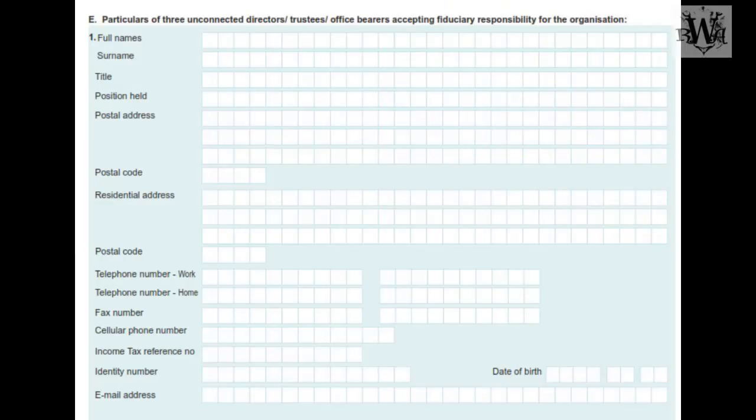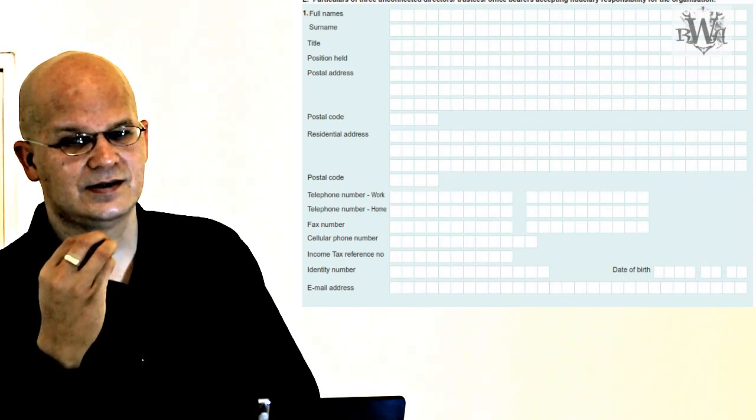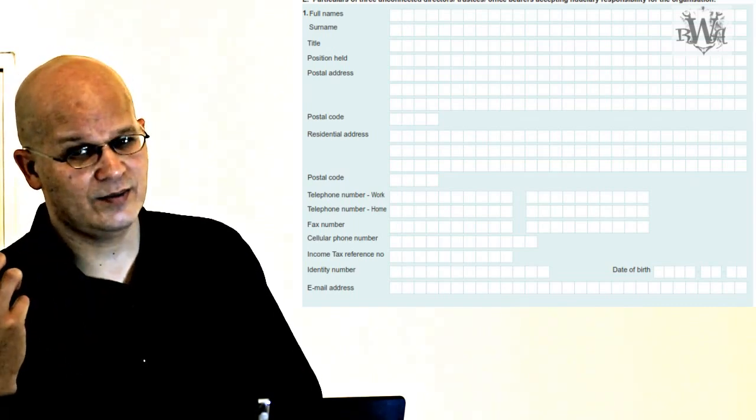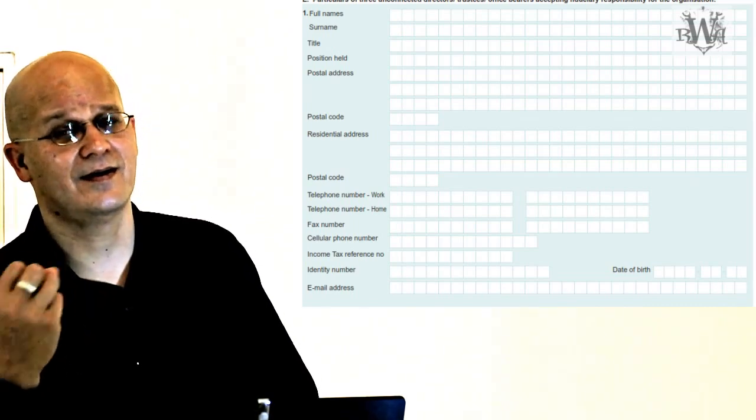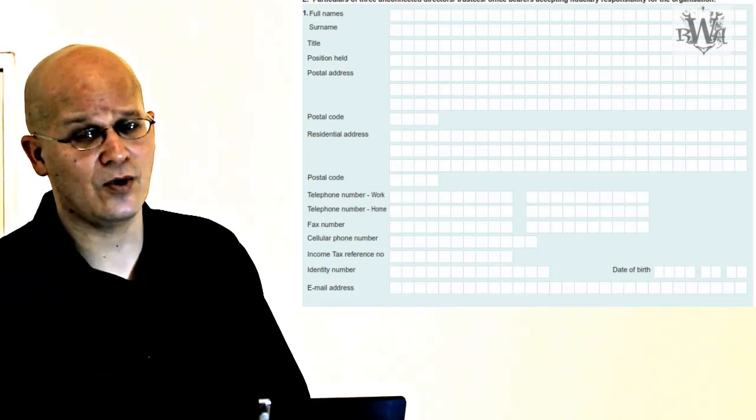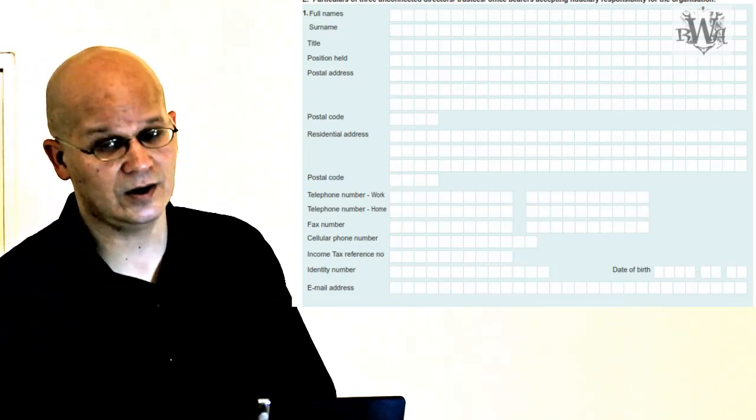Now, on the second page, the details of two of the board members are asked. Now, that's linked to a requirement in the Income Tax Act that a public benefit organization must have at least 3 unrelated board members for the organization. So it could have more board members, and some of them could be related, but at least 3 of those board members must not be related.